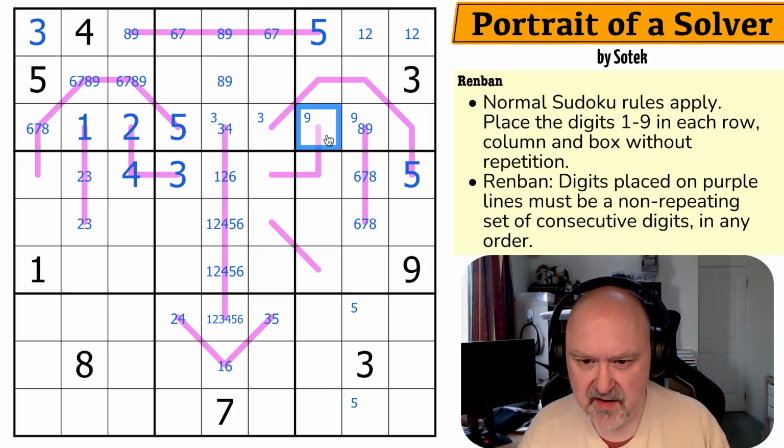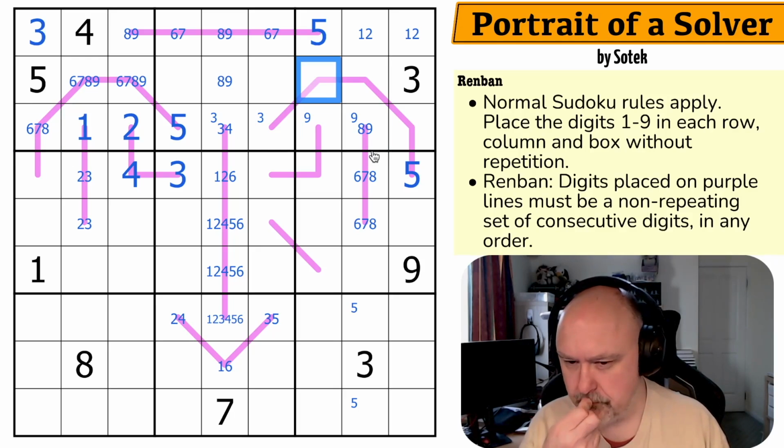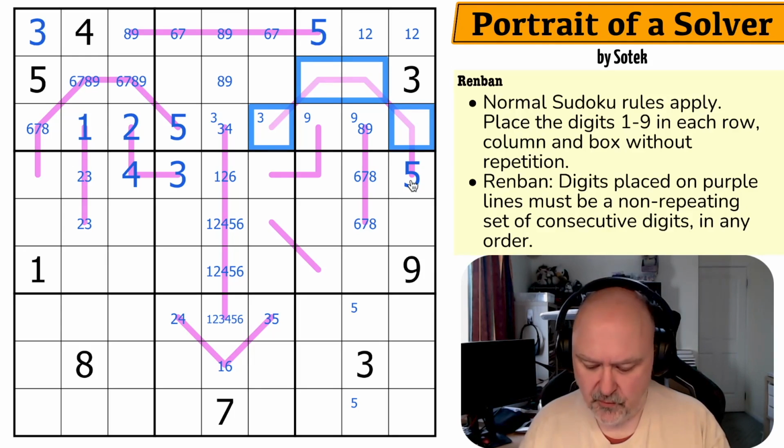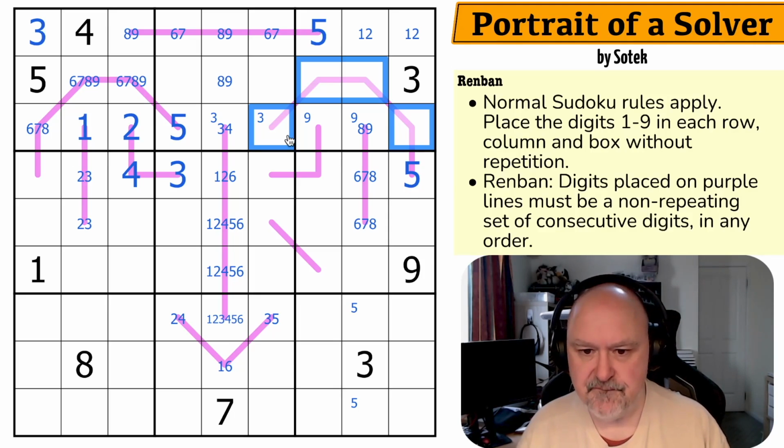Now, if I put an 8 on this line, I now need to put a 4 on this line. So I need to put a 4 on this line, so I know what it is. 4, 5, 6, 7, 8. This is a 4, 6, 7, 8. So that's not a 3, because it'd be 3.